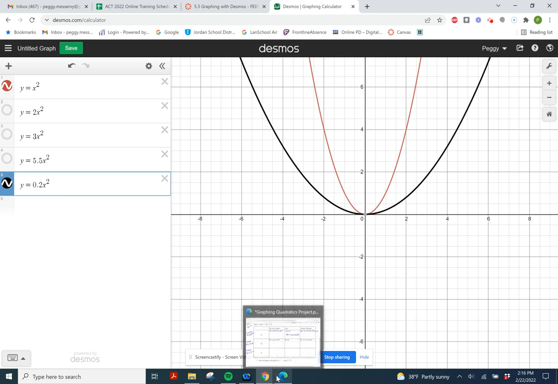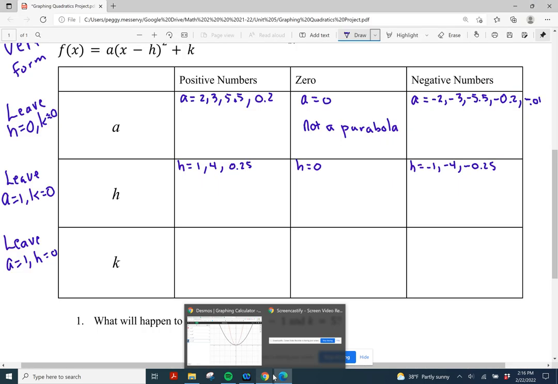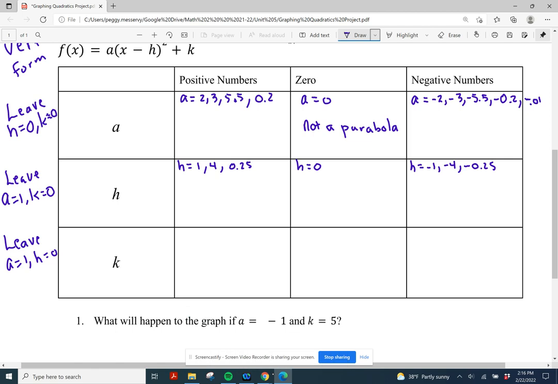So we're going to go back and we're going to put something on our notes here. And we're going to say that when a is, so you could say it in different ways, but so if a is close to 0, or you could say as a gets bigger, the parabola gets steeper. So as a increases, or as a gets bigger, put it in your own words, something that's going to make sense to you.